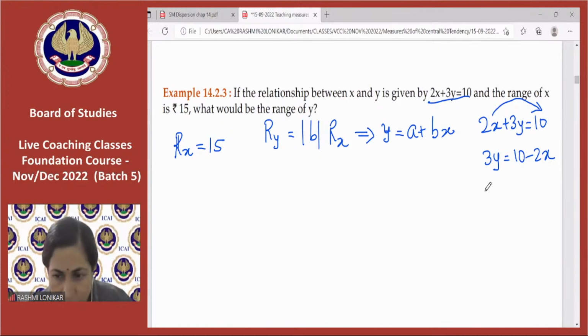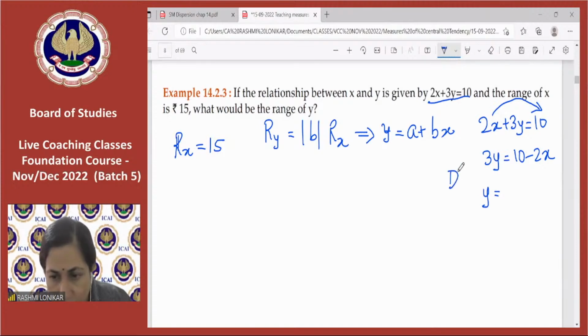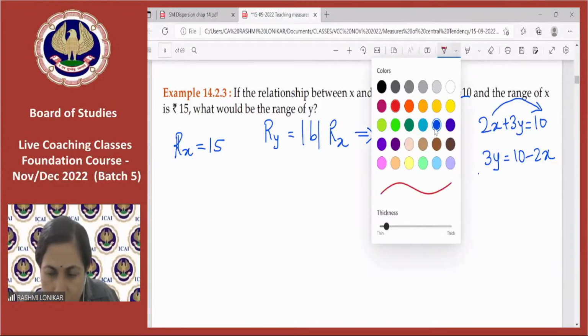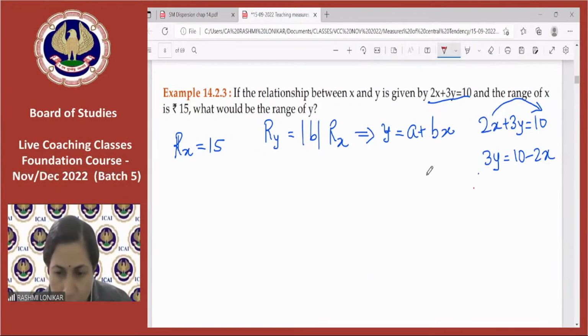So what I do is I write y is equal to, dividing both sides by 3. For those who don't know, dividing both sides by 3.